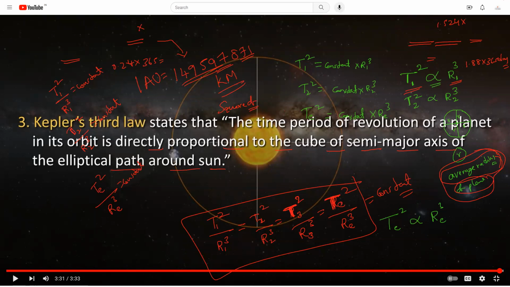If you don't want semi-major axis, you can take the average radius of the planet's orbit. That is what R. So this is what you have to remember.